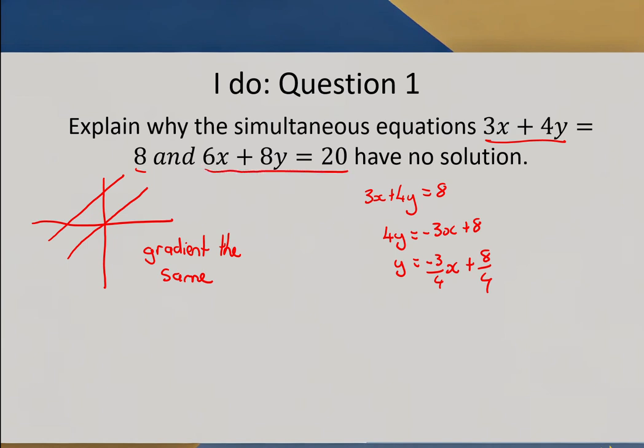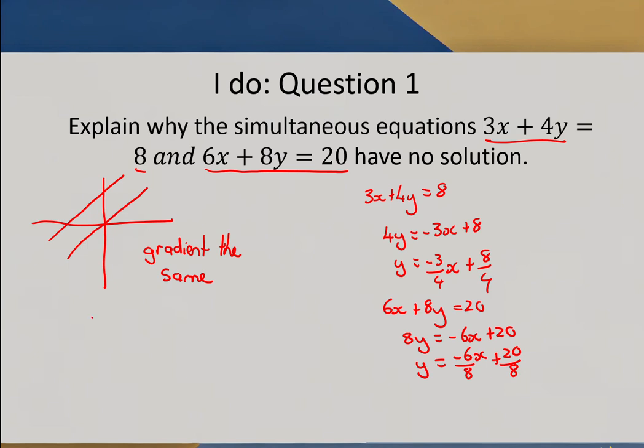Then if I look at the next one, I've got 6x plus 8y is equal to 20. I will take 6x to the other side. 8y is equal to negative 6x plus 20. And then I divide everything by 8. Okay, so straight away here, it says negative 6x over 8, so that is equivalent to negative 3 over 4.